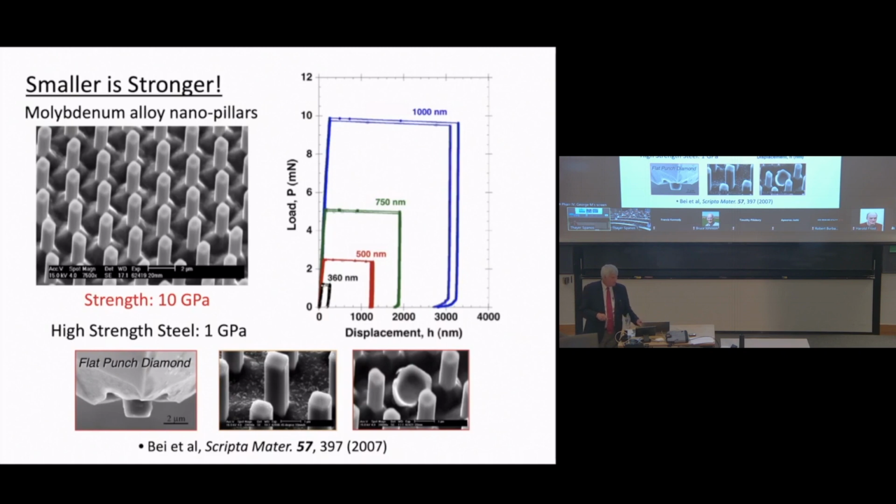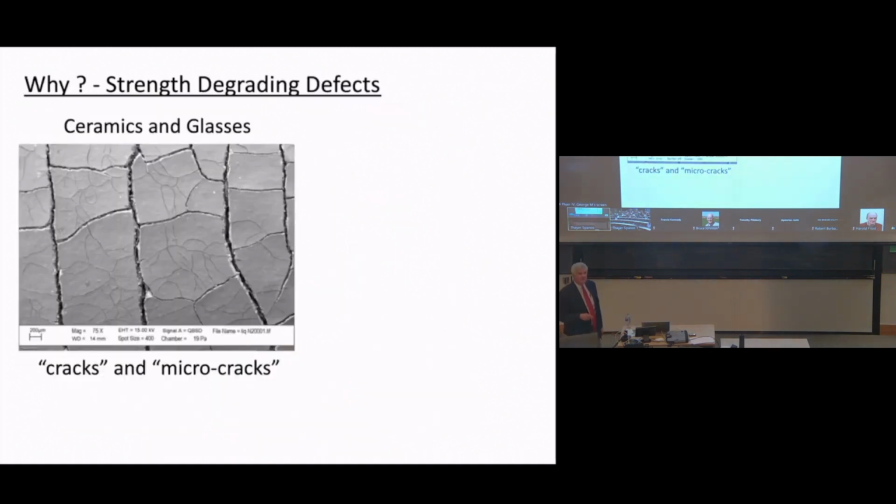All right, why is smaller stronger? Well, for those of you who are in materials classes, you'll know that strength is related to the defects that are in the material. And the classic example of that is what happens in ceramics and glasses. This is some sort of ceramic material that's been glazed, and you can see that there are lots of cracks and things in there.